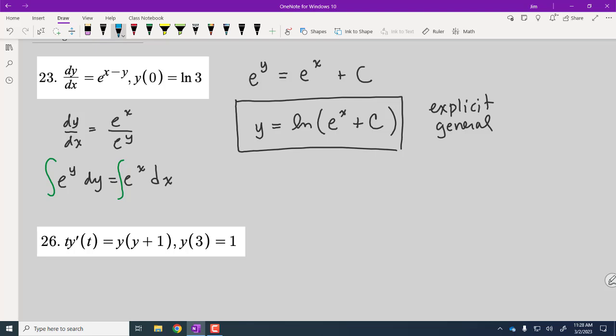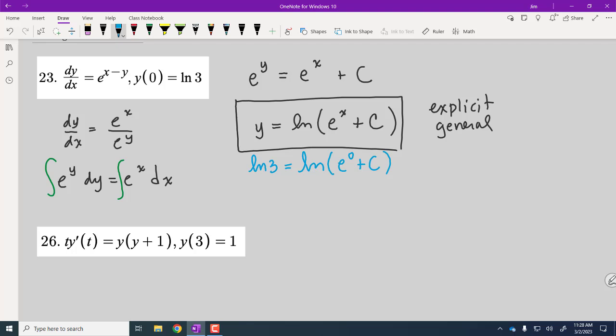Now we go to our initial value, and we're told that the y value is natural log of 3 when the x value is 0. What is the next step here to get to the c? How do we get rid of the natural logs? We exponentiate both sides. We don't just cancel them.